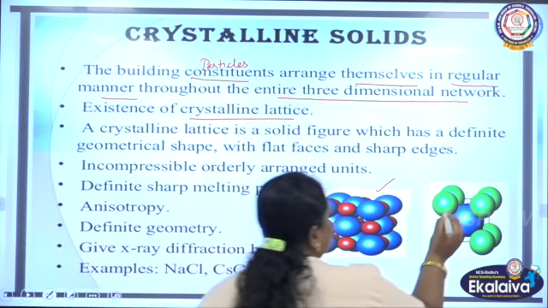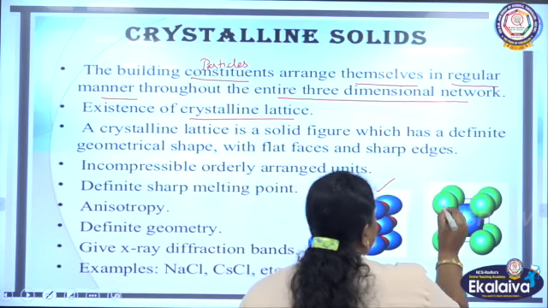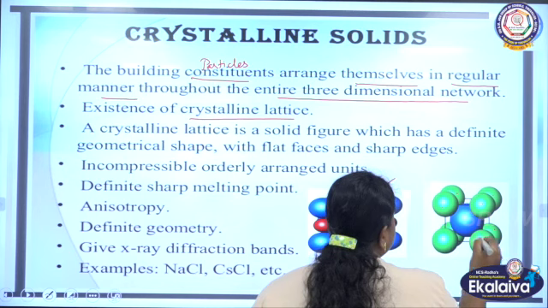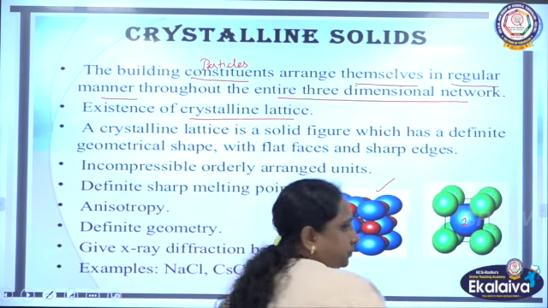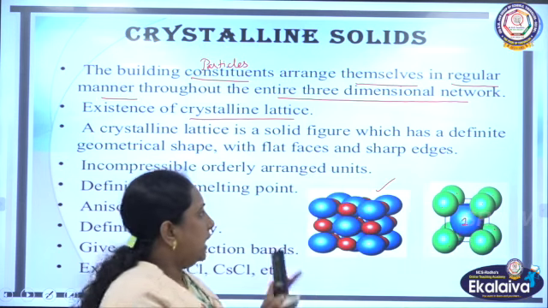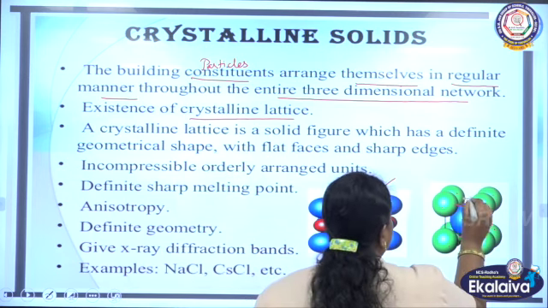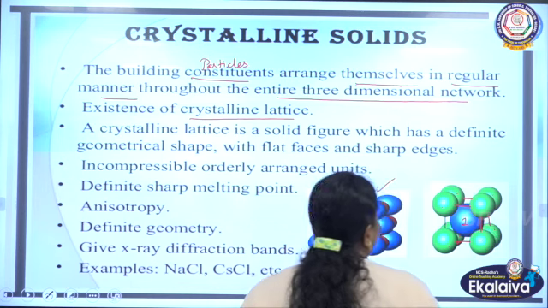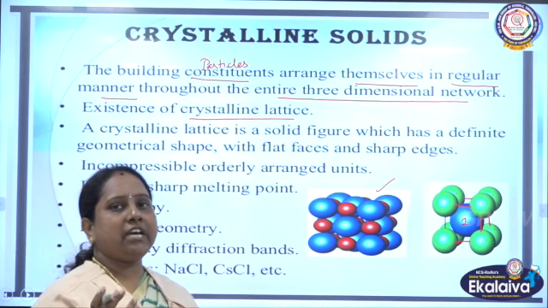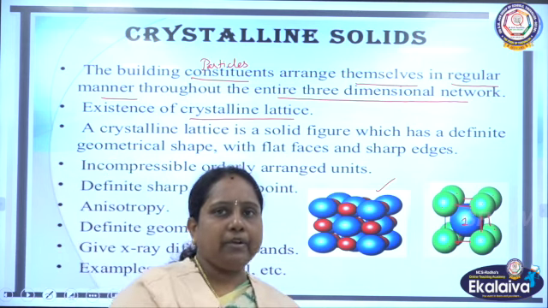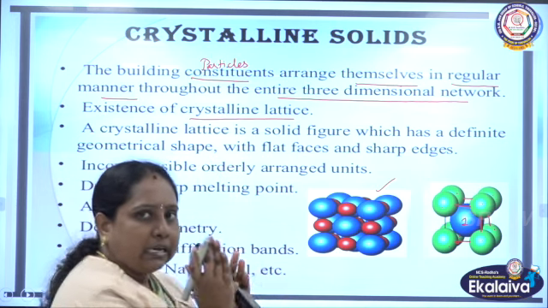For example, if you take this crystal lattice, it has 1, 2, 3, 4, 5, 6, 7 and 8 spheres at the corners and one sphere in the center. So like this, the lattice points are joined together with the help of bond linkages, right? So the negatively charged particles and positively charged particles are aligned alternately to give a particular geometrical arrangement, to give a complete lattice.